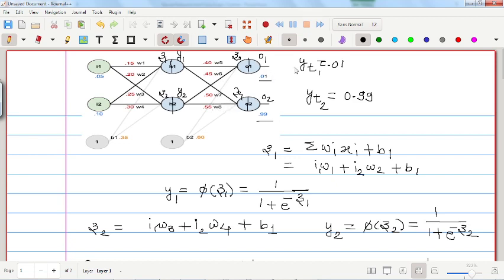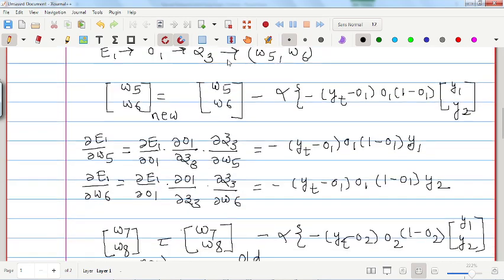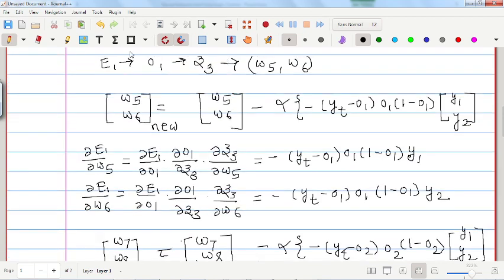Observe the chain carefully. The error is dependent on the difference between these two. Then this is dependent on this, and this is dependent on the weights. This chain is followed every time. E is a function of that output, the output is a function of the net input, that is the weighted sum, and this is a function of W5, W6. I hope it is clear to all.